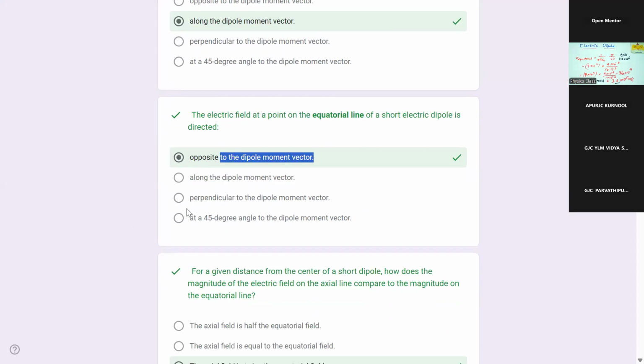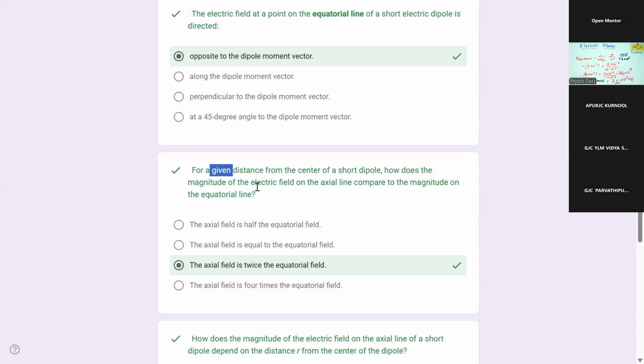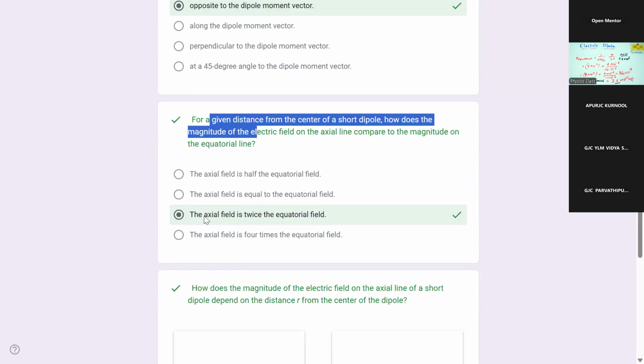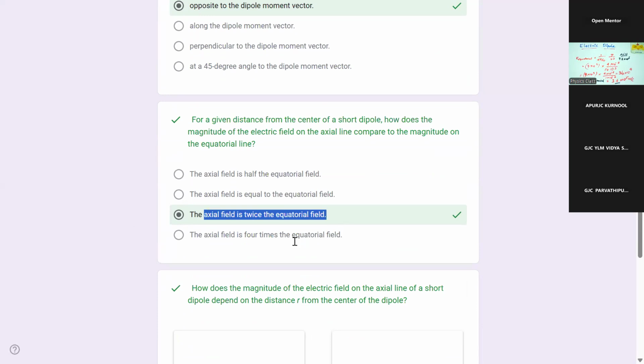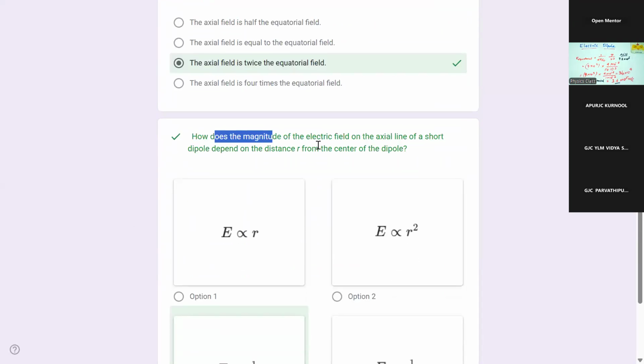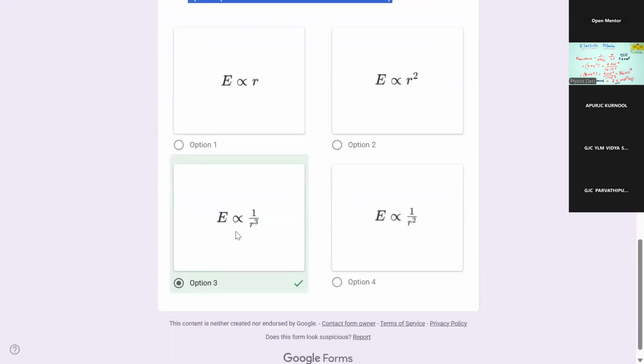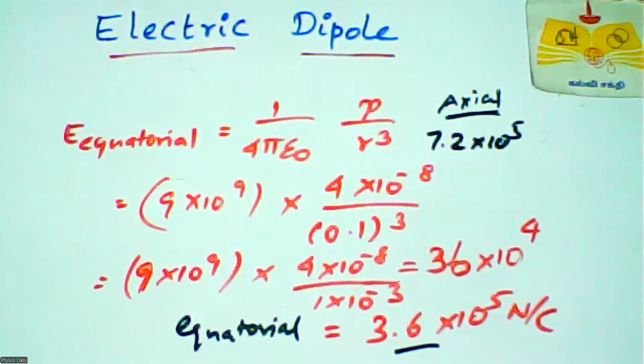For a given distance from the center of the dipole, the axial field is twice the equatorial field. And the final one, E is directly proportional to 1 by r cube. Clear? Very good.